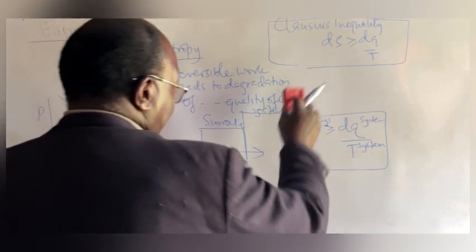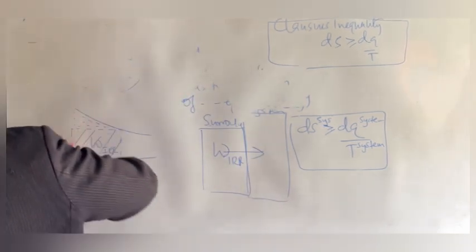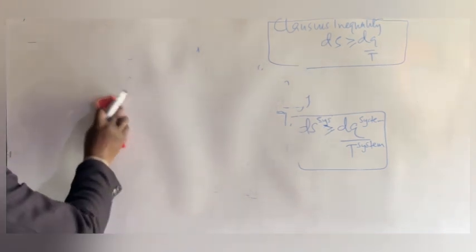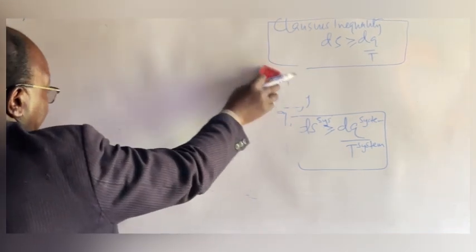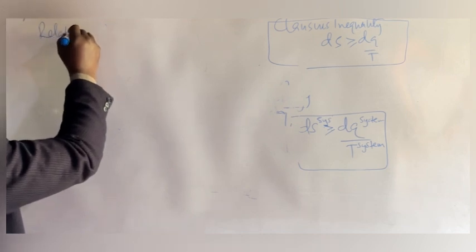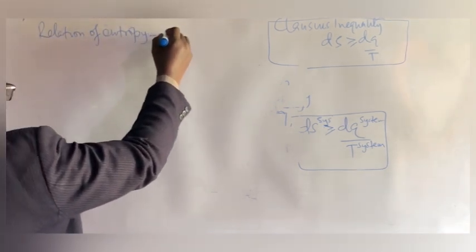So that is the expression for entropy change. Now, how does entropy relate to volume, for example? How does entropy relate to volume? That's the relation of entropy to volume.